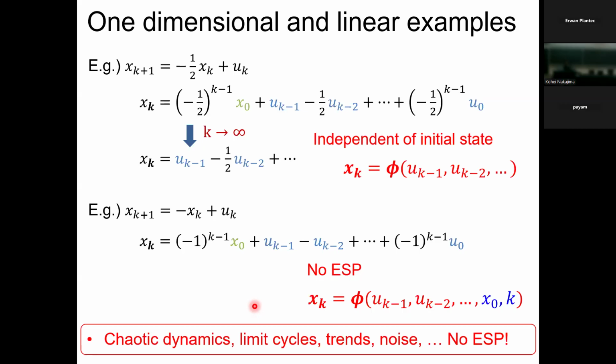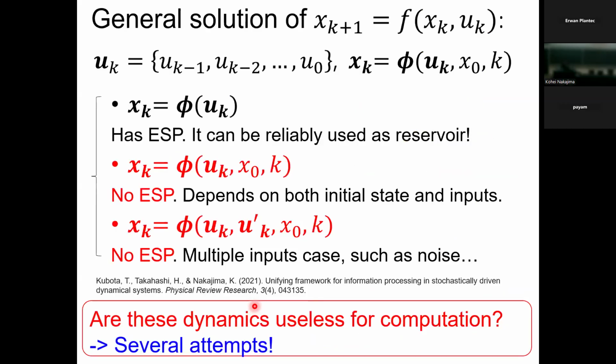And of course, there are lots of attempts. But if we summarize from this echo state property viewpoint, there are three cases. The first one is the conventional, successful echo state network, which has the echo state property, so you can describe your reservoir state only by the previous input trees.